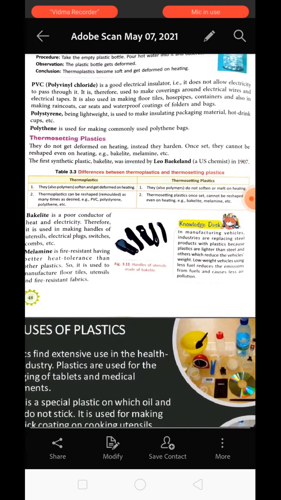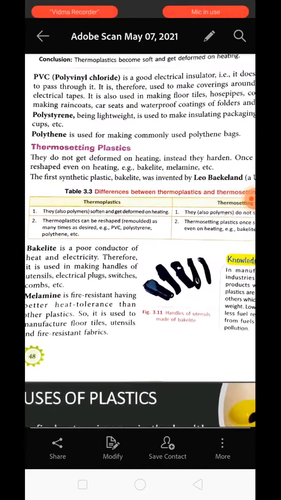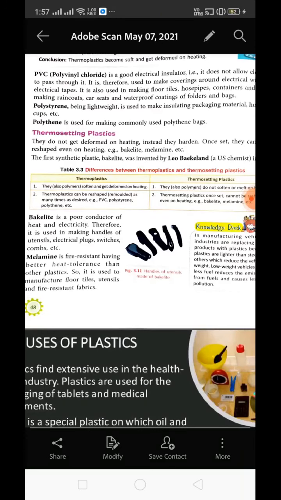Now next one is thermosetting plastic. See over here, it is thermosetting plastic. Thermosetting plastics are different from thermoplastics because thermosetting plastics do not melt when heated. Instead they become hardened, whereas thermoplastics start to melt down when heated.